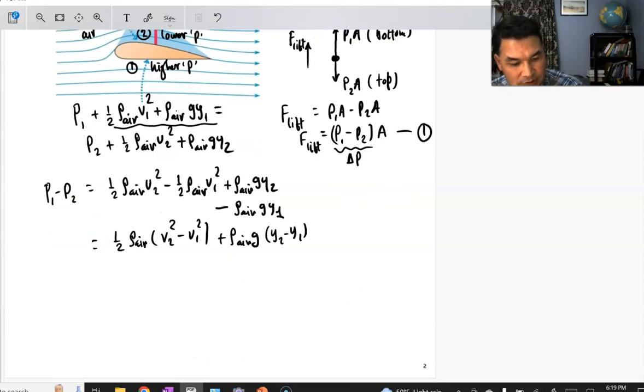So let's put all the numbers in and calculate that. 1/2 times 1.29, and V2 is 240 square minus 200 square. Again, the density of air 1.29, gravity is 9.8, right?